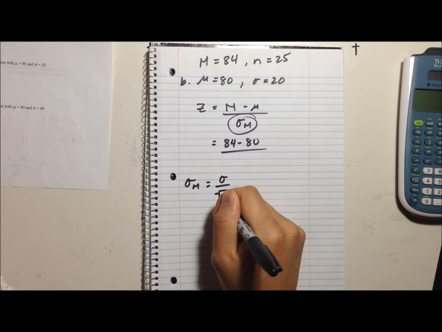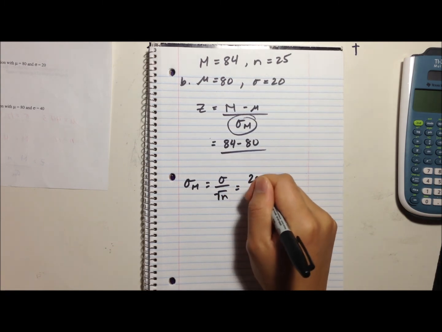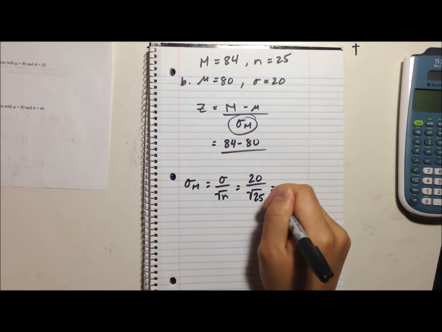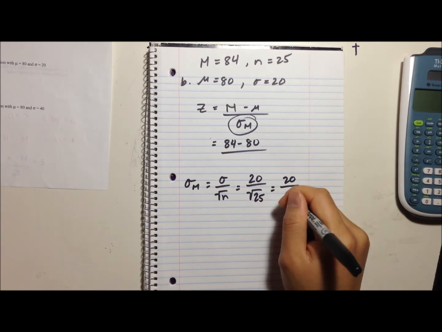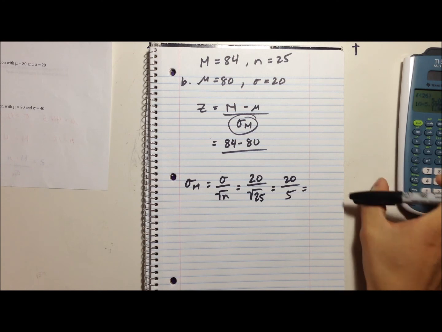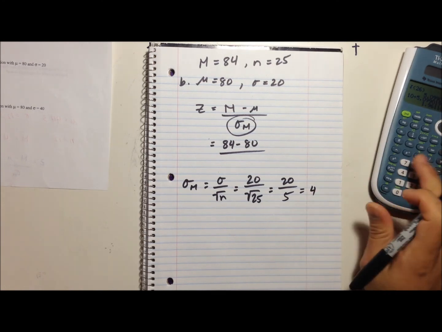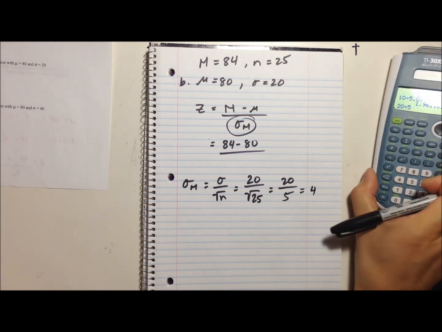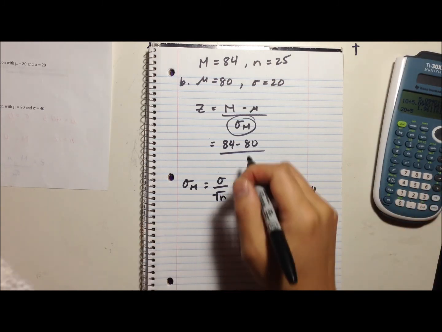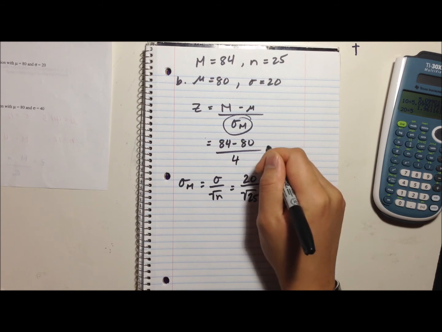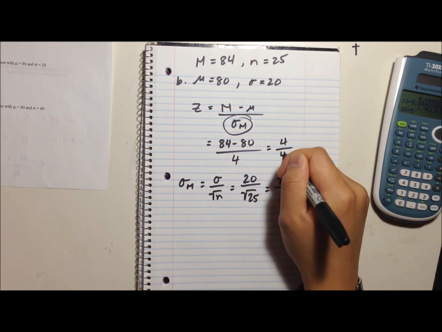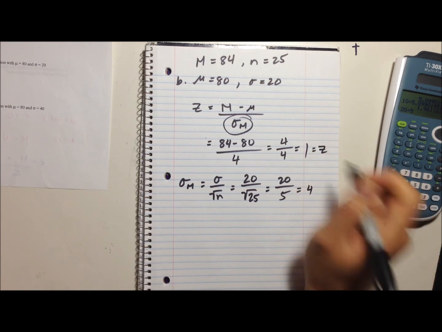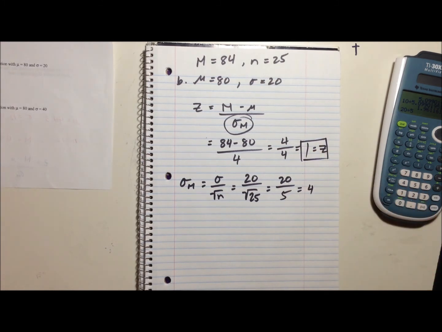So I'm going to do this. 20 over square root of 25 equals 20 over 5 equals 4. Right? Just make sure here. Sometimes I get these things wrong. Okay, yes. So now I know it. 4. So 4 over 4 equals 1. Z equals 1. Got it? Piece of cake.